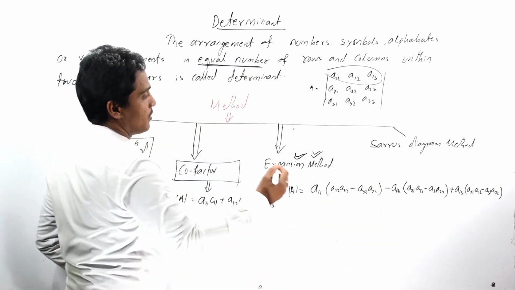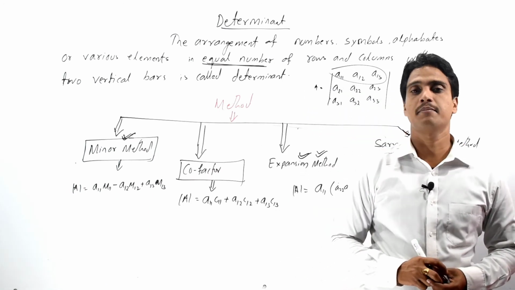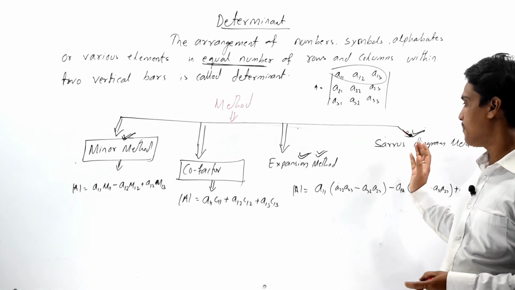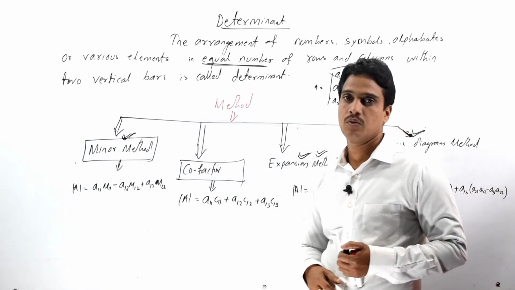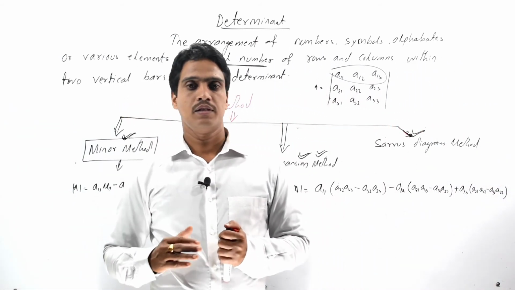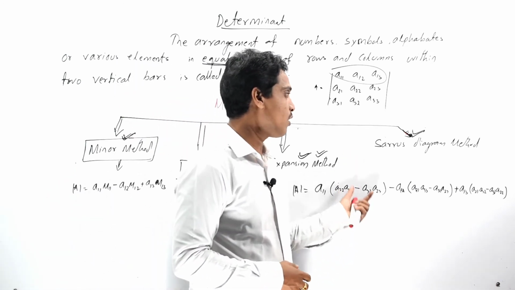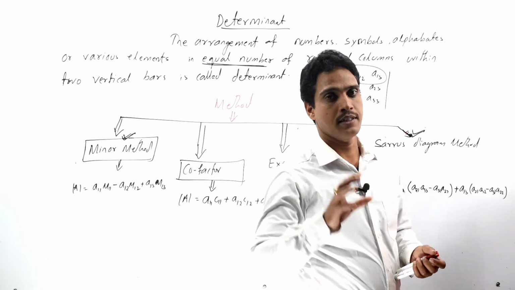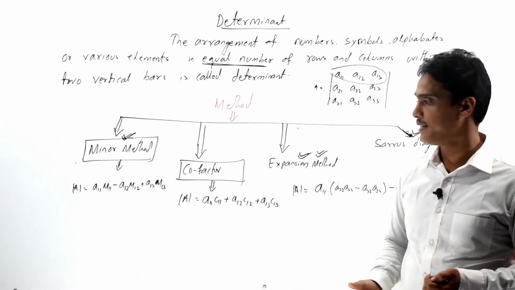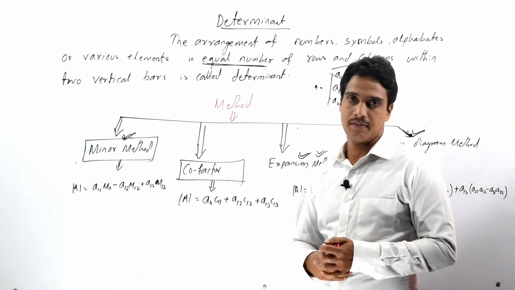So now come to our fourth method, that is the Sarrus diagram method. The method in which we use the diagram suggested by Sarrus in order to find the value of the determinant is called the Sarrus diagram method.